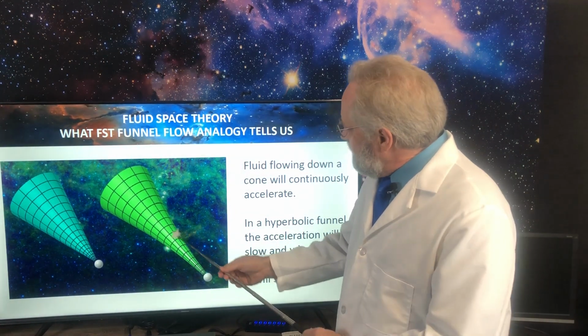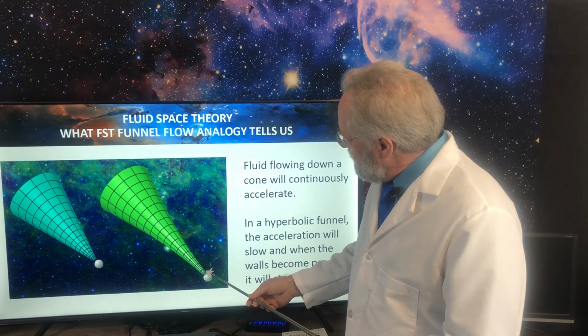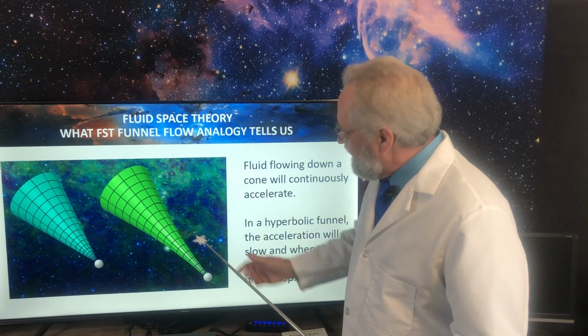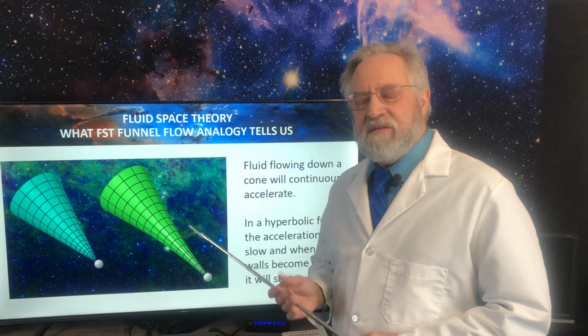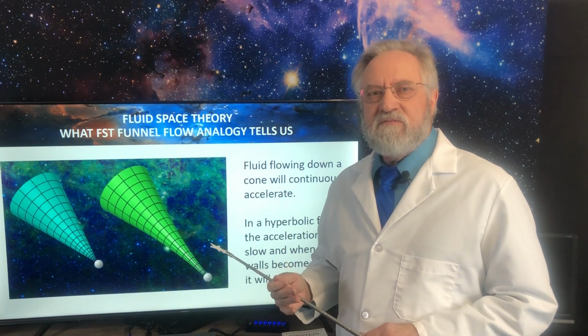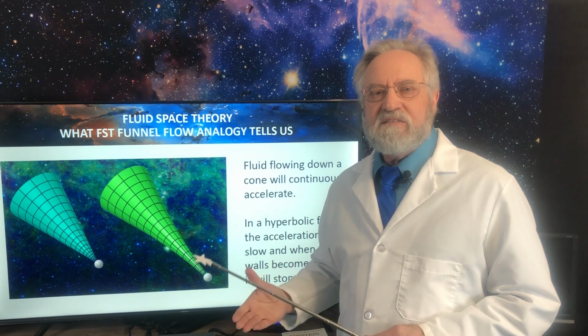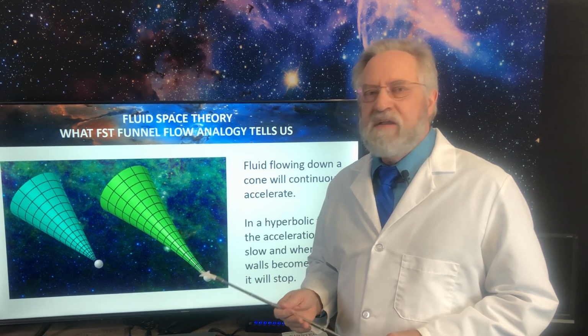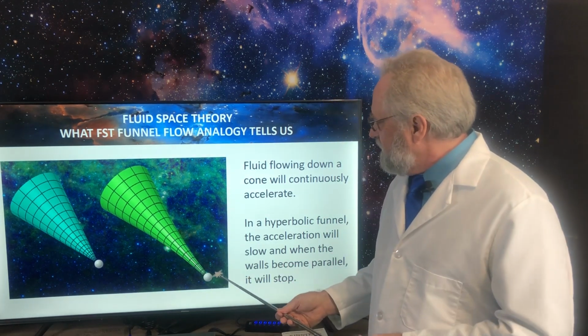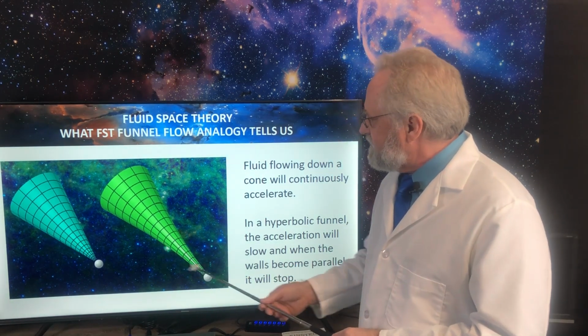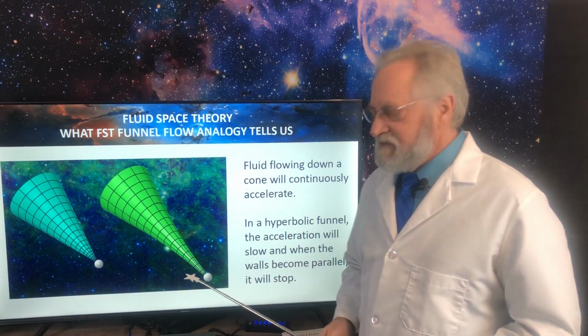And the greater it becomes length contracted and time dilated, the more that funnel begins to turn into a straight pipe. So what happens when fluid flows down a straight pipe? Well, it doesn't accelerate. It's a constant flow, which also then supports the concept that gravity vanishes at the event horizon.